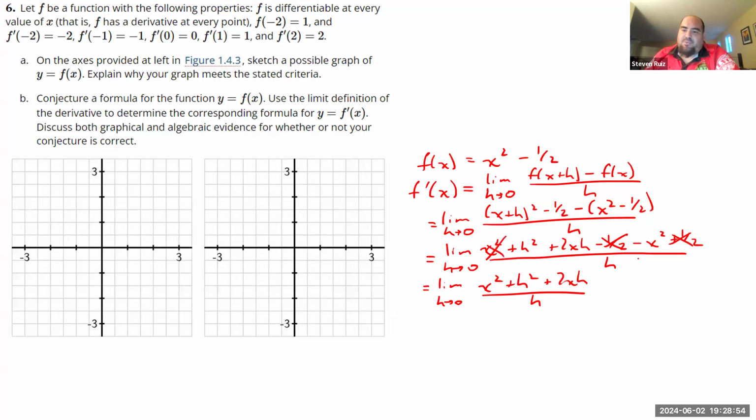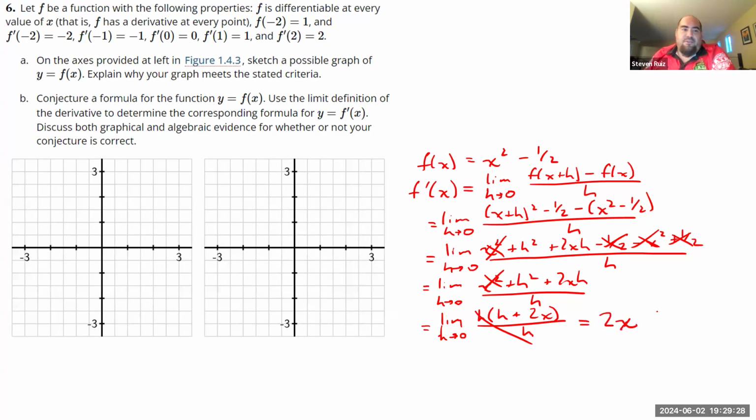Oh, I also have the x squareds canceling. So I really just have h squared plus 2xh over h. Hopefully this is not a surprise by now, we have an h in common in the numerator. So I can factor that out and get h times the quantity h plus 2x over h. These h's cancel, and now I'm in a place where I can do direct substitution. And I get my derivative of 2x.